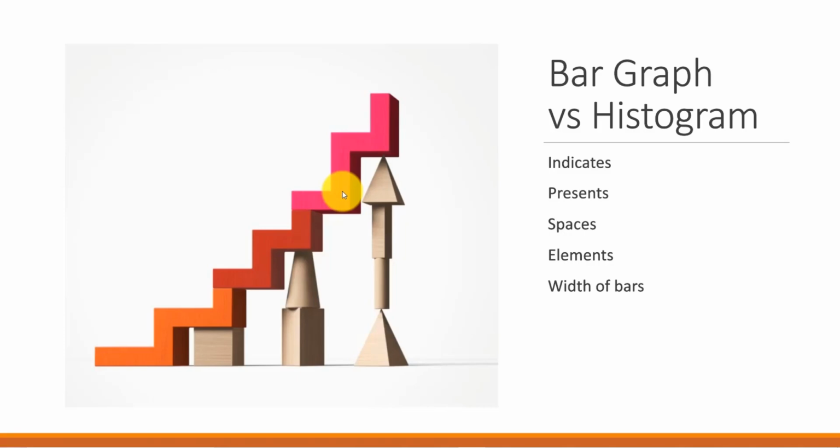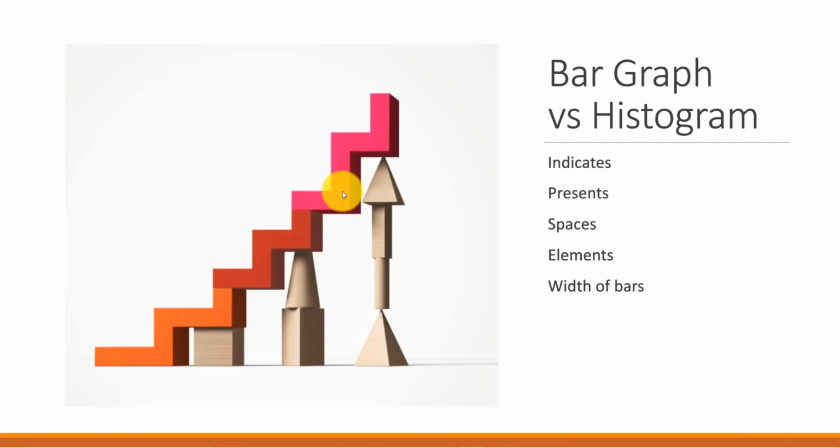On the basis of data, a histogram has quantitative data, whereas a bar graph has categorical data. If we talk about spaces, in a histogram the bars are touching, so there is no space between them. But in the case of a bar graph, the bars don't touch each other, so there are gaps between them.